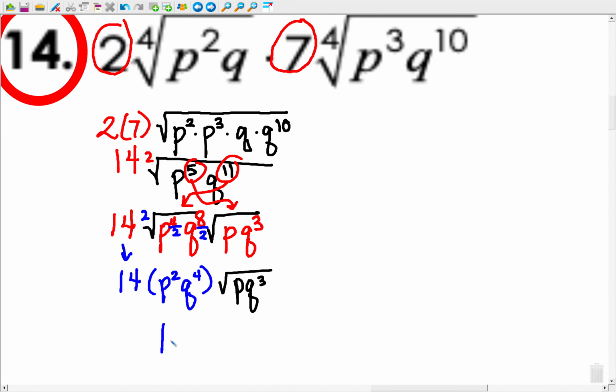My final answer is 14p squared q to the 4th times the square root of p q to the 3rd.